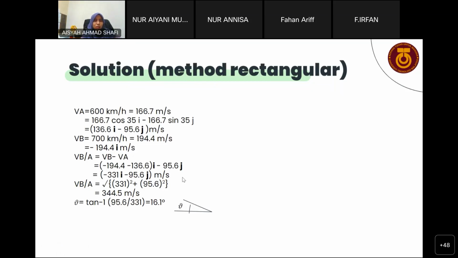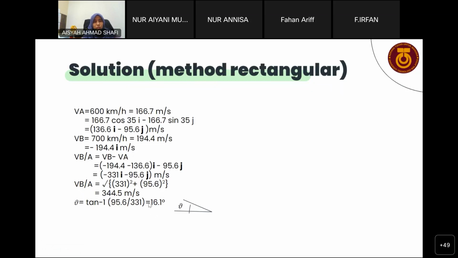For the final answer, we want the value of the magnitude and the direction, and the minus there will influence the direction actually.